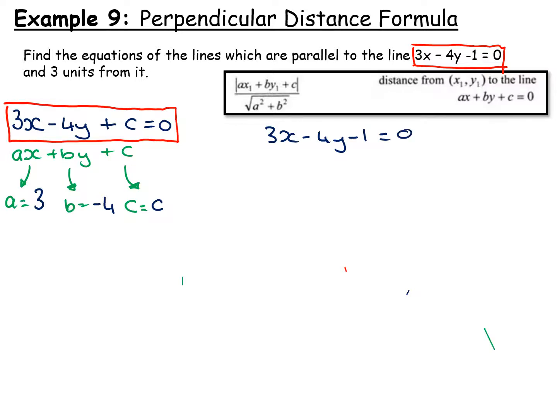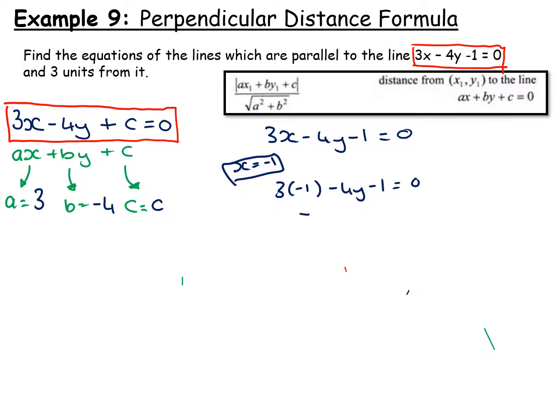So you can sub in a 0. Now if we sub in a 0, it's not going to work out very nicely. You'll have fractions. There's no problem with working with fractions, but let's see if we can get one that isn't a fraction. So I'm going to try x equals minus 1. That gives us 3 times minus 1 minus 4y minus 1 equals 0.